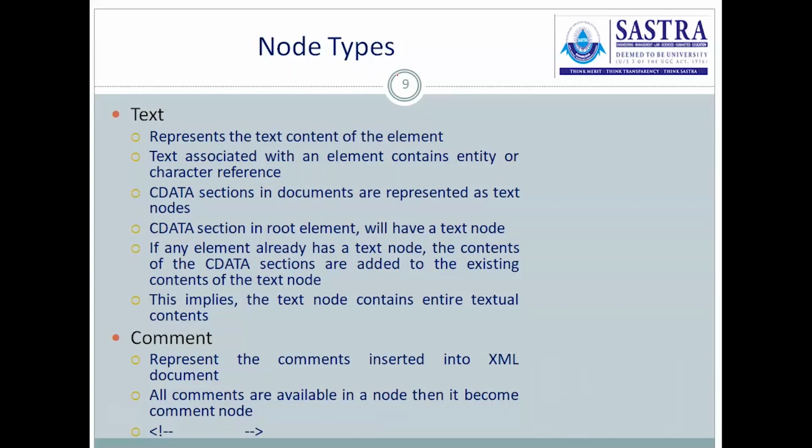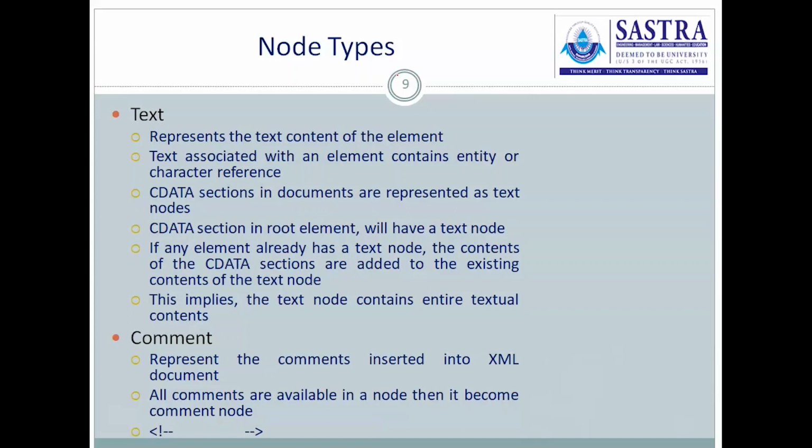After that, any value in the CDATA section is appended to the existing content of the text node. So the text node contains the entire textual information available in the XML document.